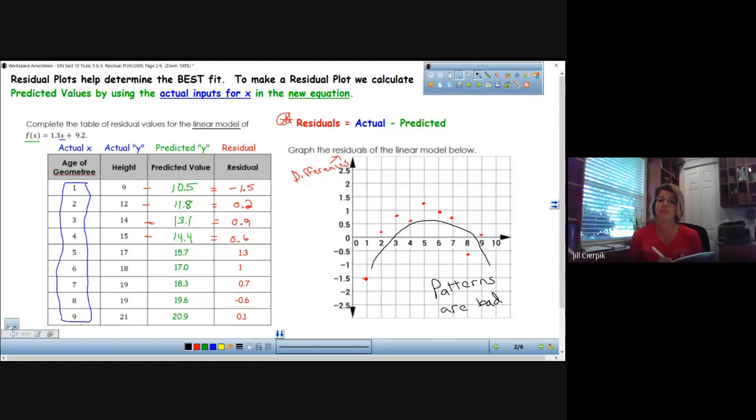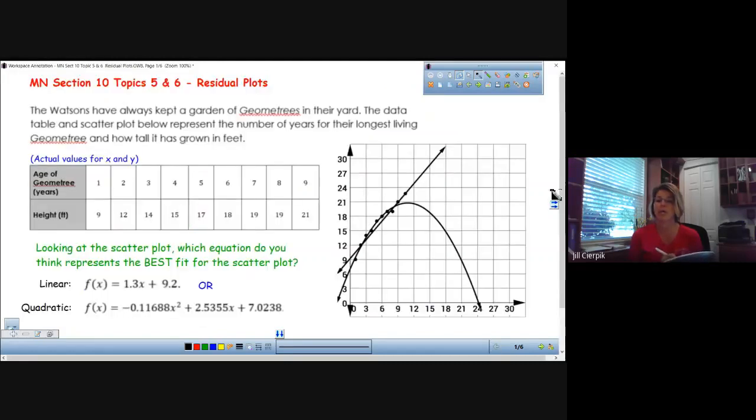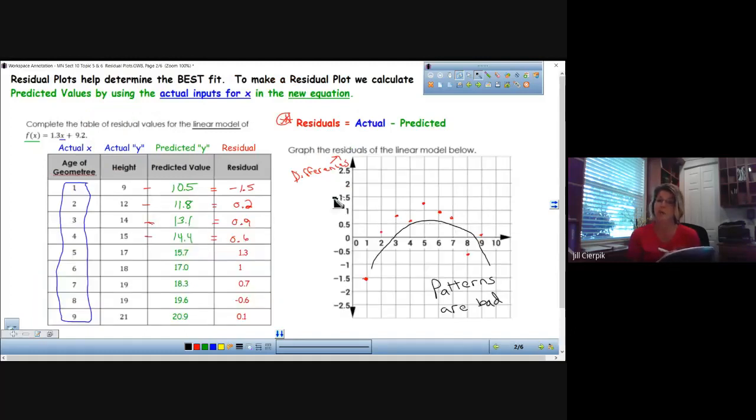On the first page back here, we're looking at a scatter plot. So when you draw your model through the scatter plot, you want it to follow the pattern. But a residual plot is something where hopefully your differences, your residuals, are not very large.